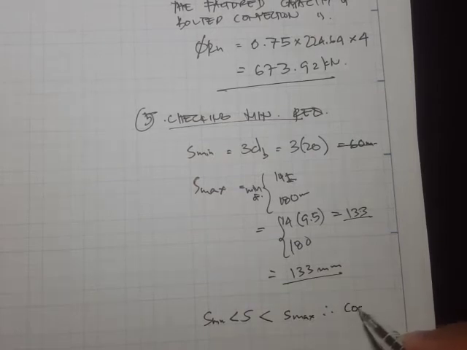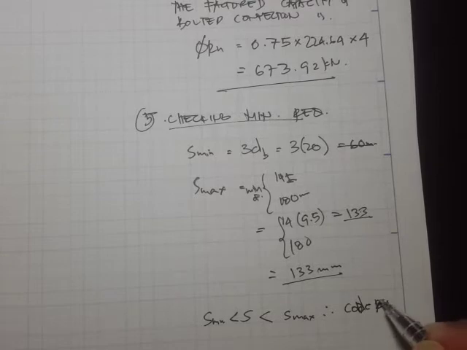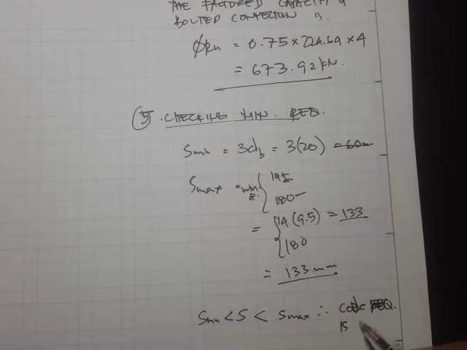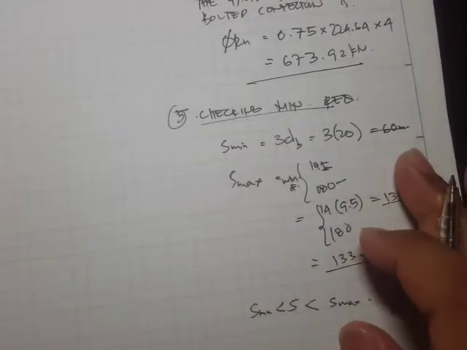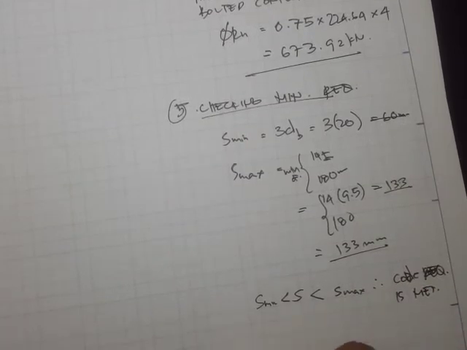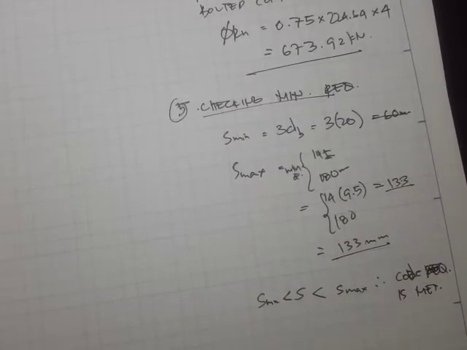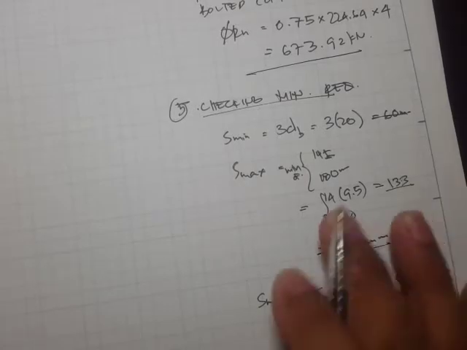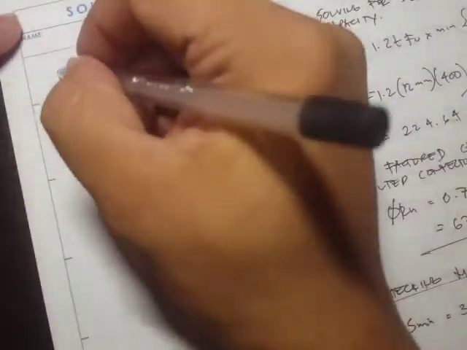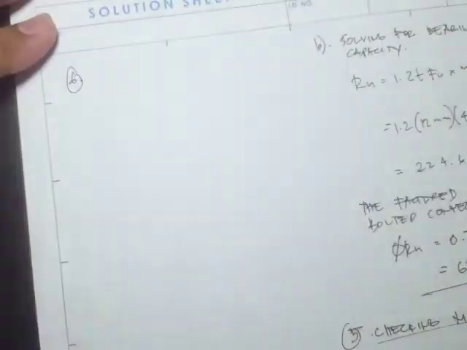Therefore, code requirement is met. Okay, for the edge, minimum and maximum edge spacing, I think we'll just write it here. Okay, so this is not number 6. We're still in the minimum requirements.